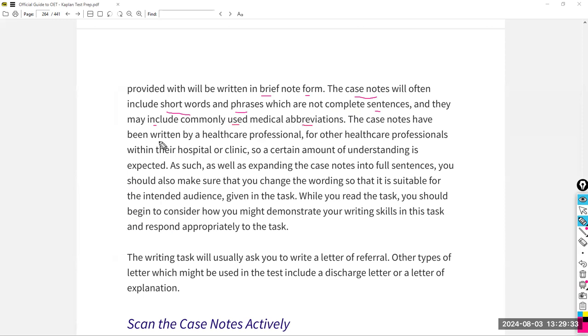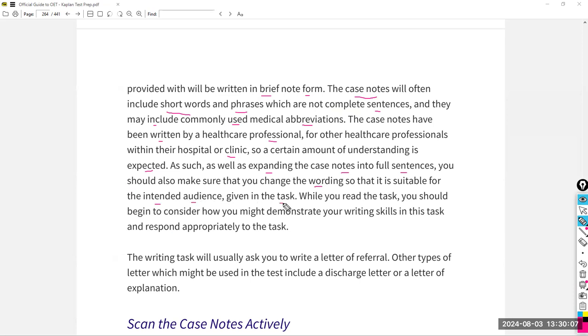The case notes have been written by a healthcare professional for other healthcare professionals within the hospital or clinic. So, a certain amount of understanding is really necessary. As such, as well as expanding the case notes into full sentences, you should also make sure that you change the wording so that it is suitable for the intended audience.